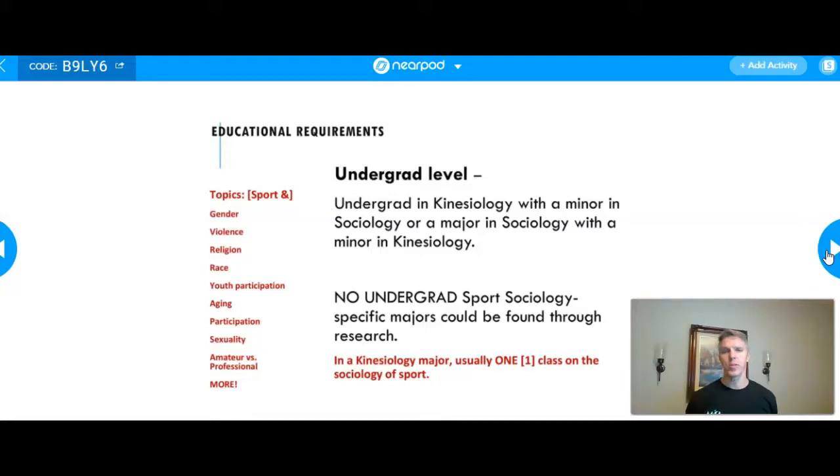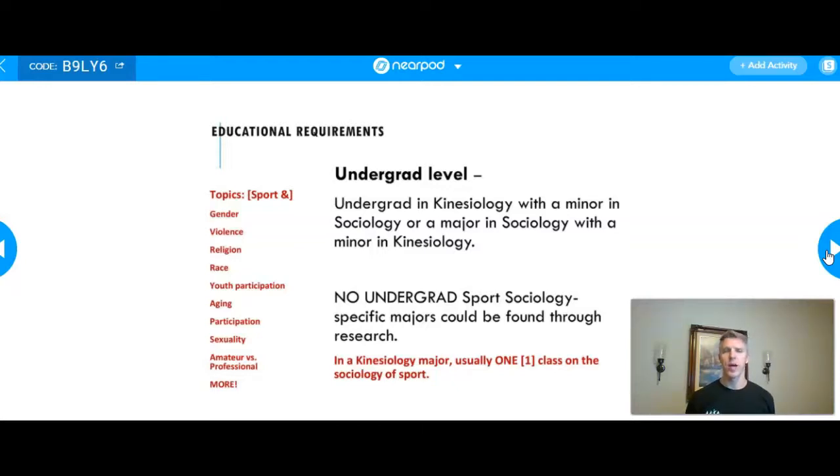So the educational requirements for the undergrad level: there are not specific sports sociology majors that I could find in the United States of America. At the undergrad level, you probably want to study kinesiology with a minor in sociology, or a major in sociology with a minor in kinesiology.